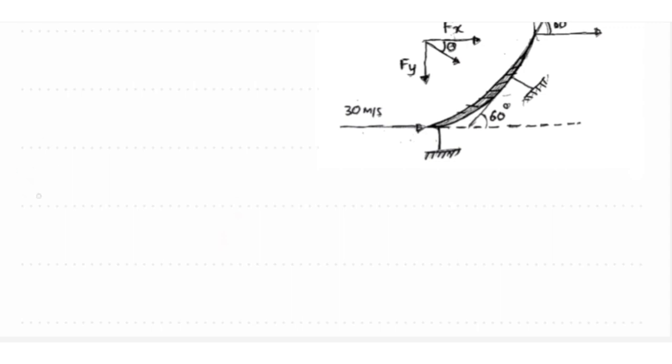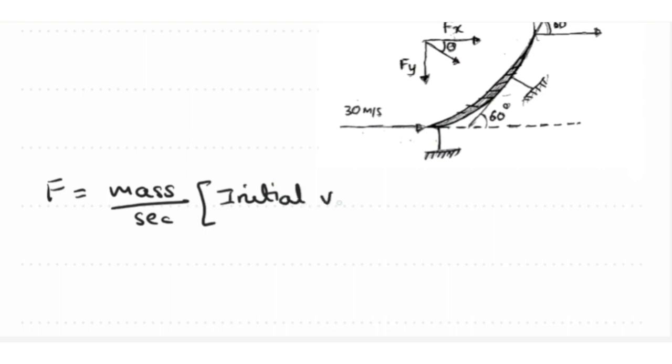So as usual we solve like F is equal to mass per second into initial velocity minus final velocity.